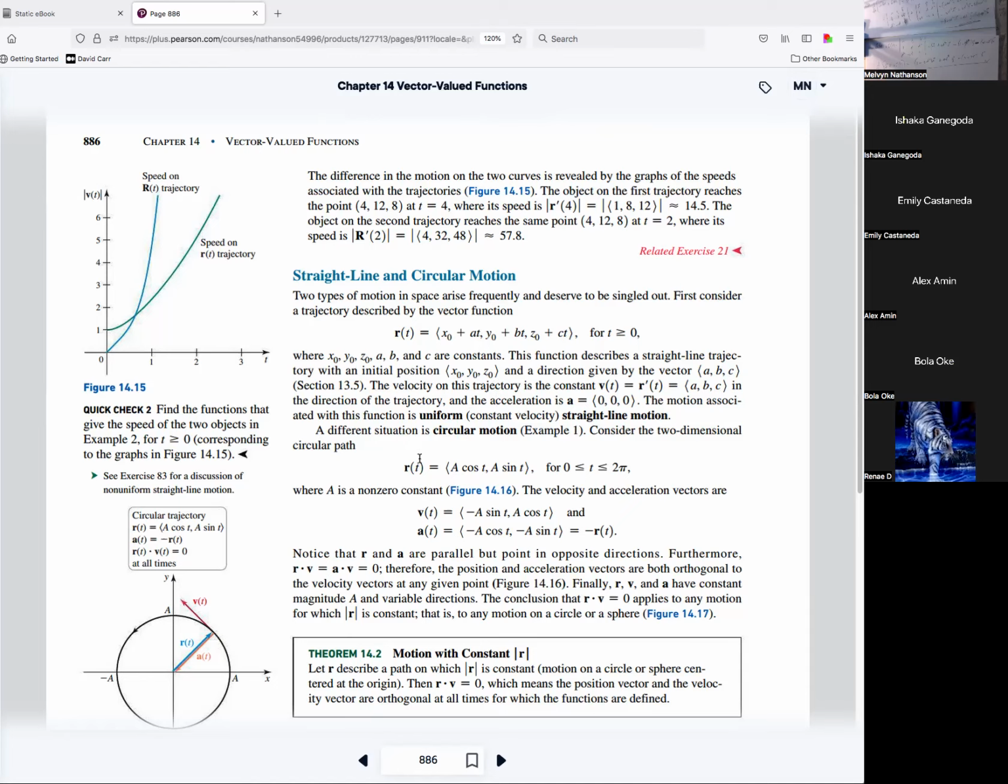On the other hand, if you are, for example, in the plane, and you have r of t, your position is a cosine t, a sine t. The a is the same in both coordinates. This is circular motion, just going around a circle. And the velocity is this vector, and the acceleration is this vector.